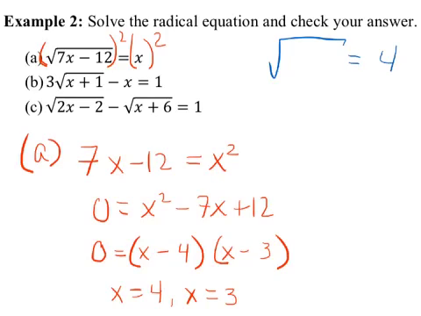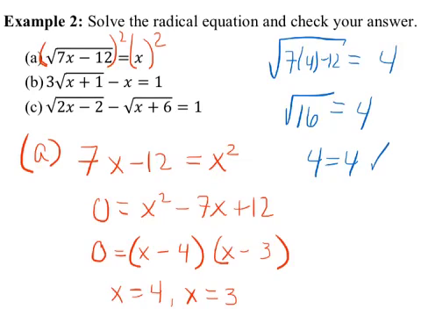Let's check 4 first. 7 times 4 is 28. 28 minus 12. Okay?